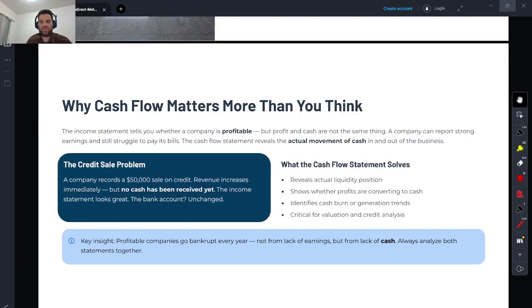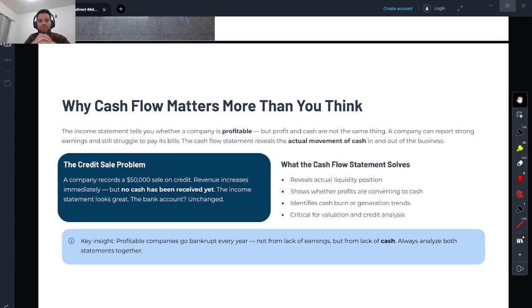So, why cash flows matter more than you think? The income statement tells us whether a company is profitable, but it does not tell us whether the company is actually collecting cash. A company can report strong earnings while still facing liquidity problems. For example, imagine a company records a 50,000 sale on credit. Revenue increases immediately under accrual accounting, but no cash has been received yet.